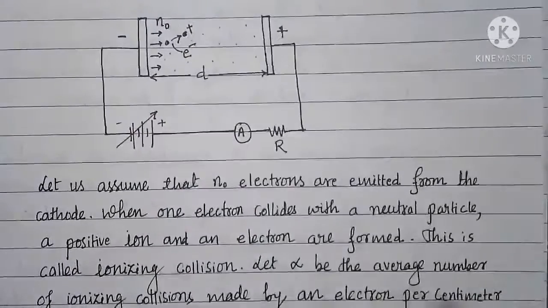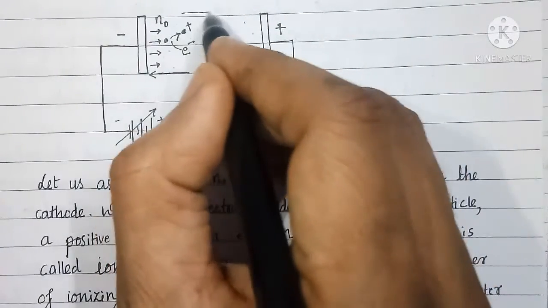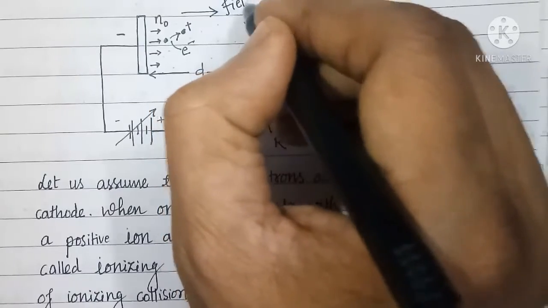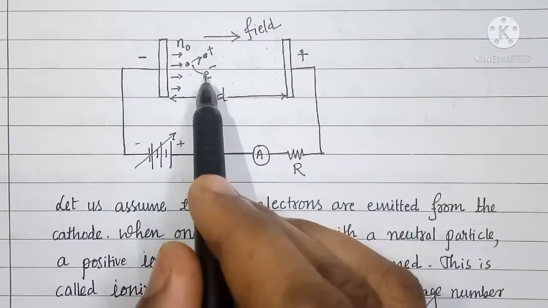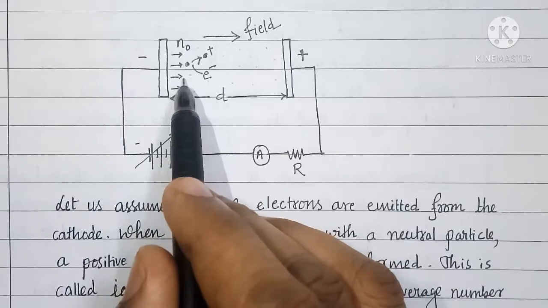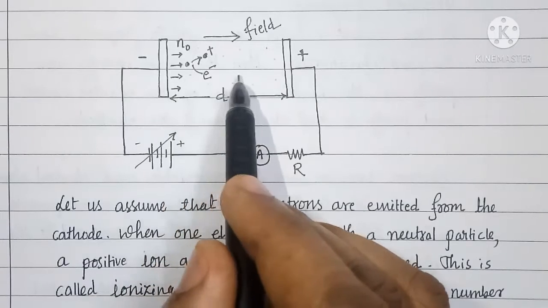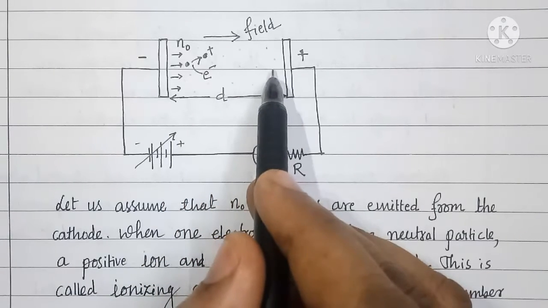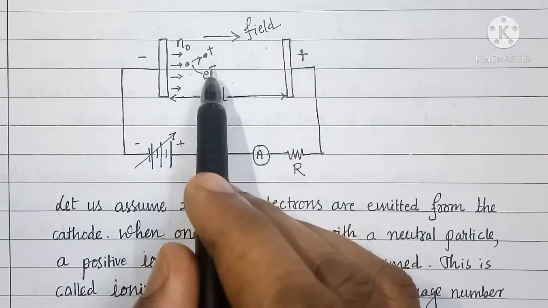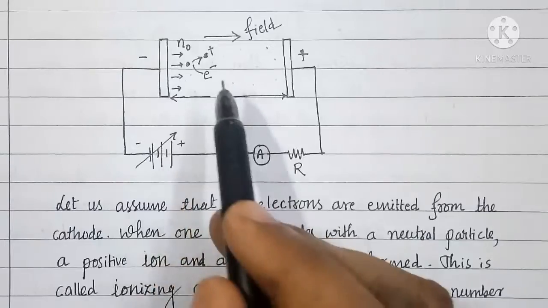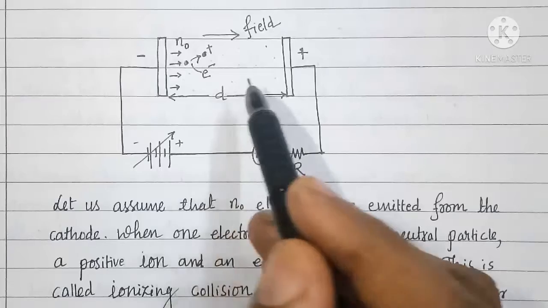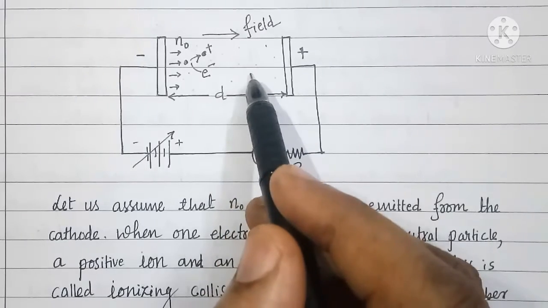Here the field is directed from cathode to anode. Now the electron formed here and the electron given out here are moving in the direction of the field. Now let us say this electron makes alpha number of ionizing collisions per centimeter.